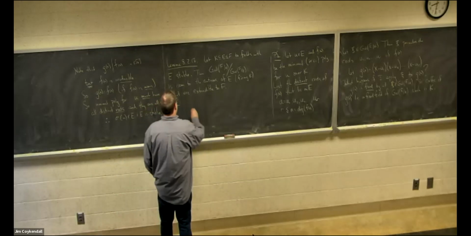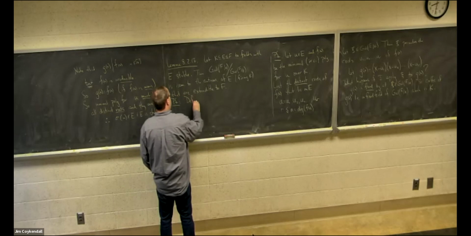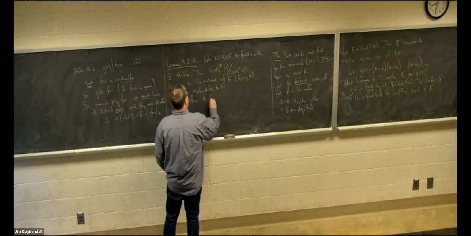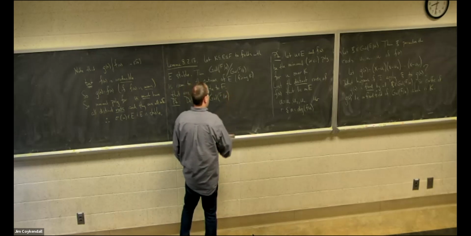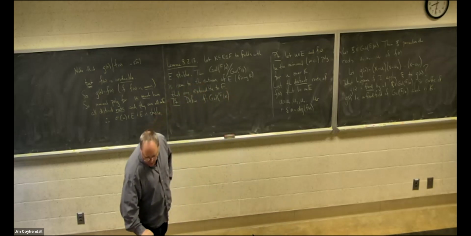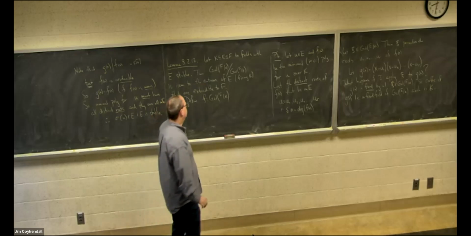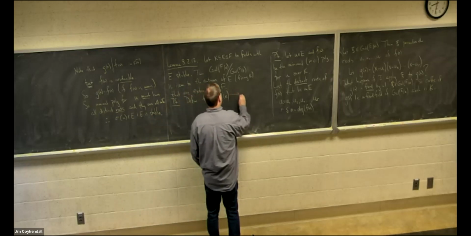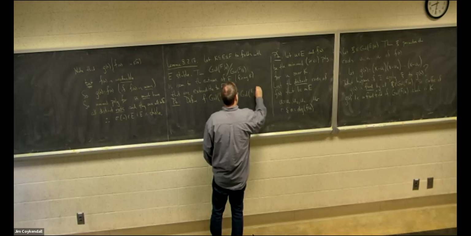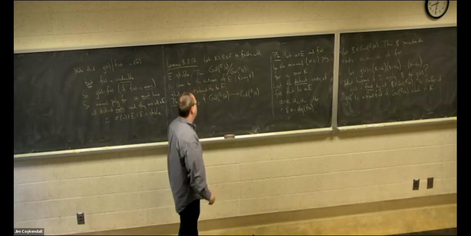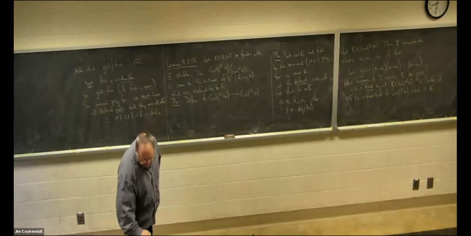So we define a map from the Galois group of F over K to the Galois group of E over K as follows.